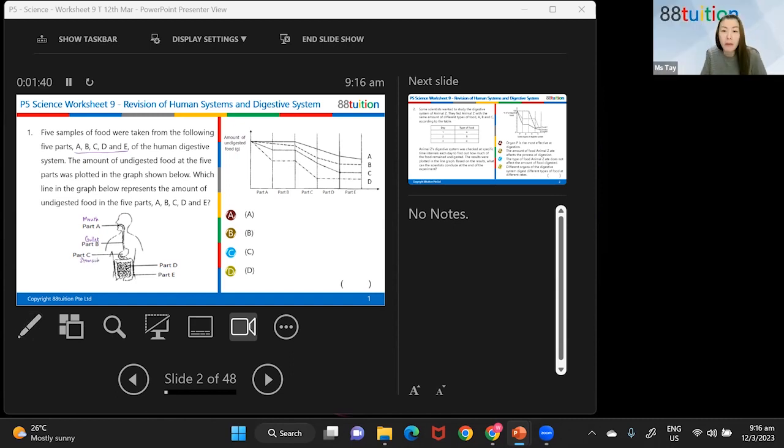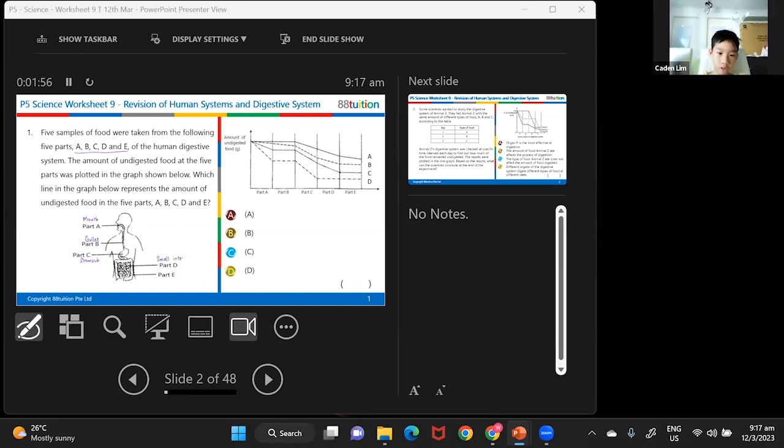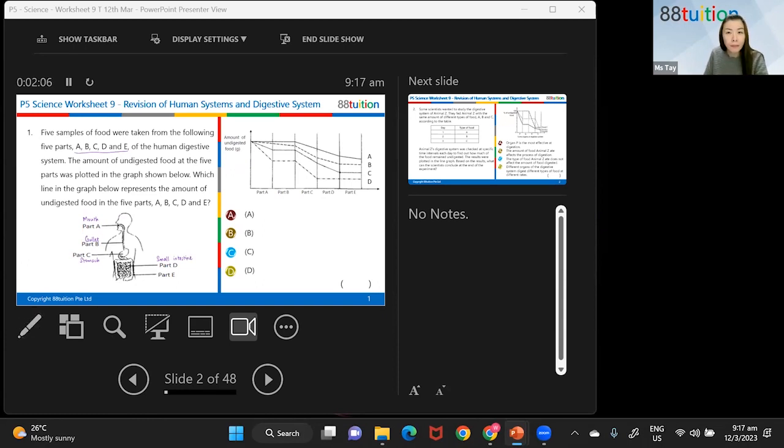And then part D, Hayden? Small intestine. Good. And then the last one, part E? The large intestine. Okay, so you know all the 5 parts, right?